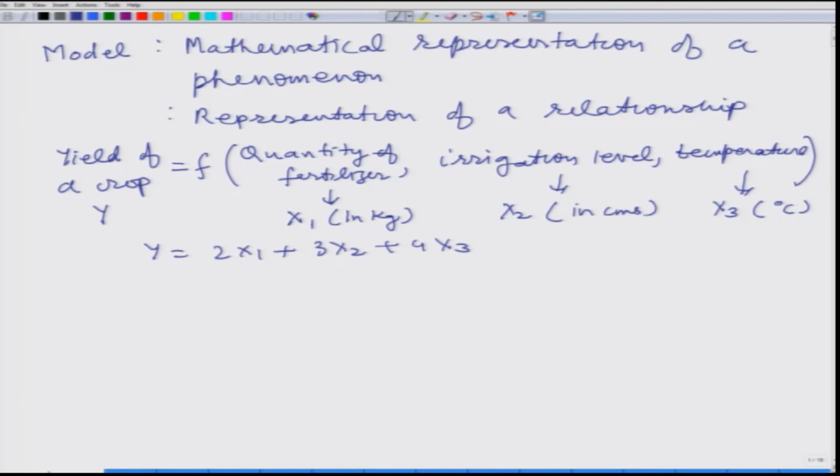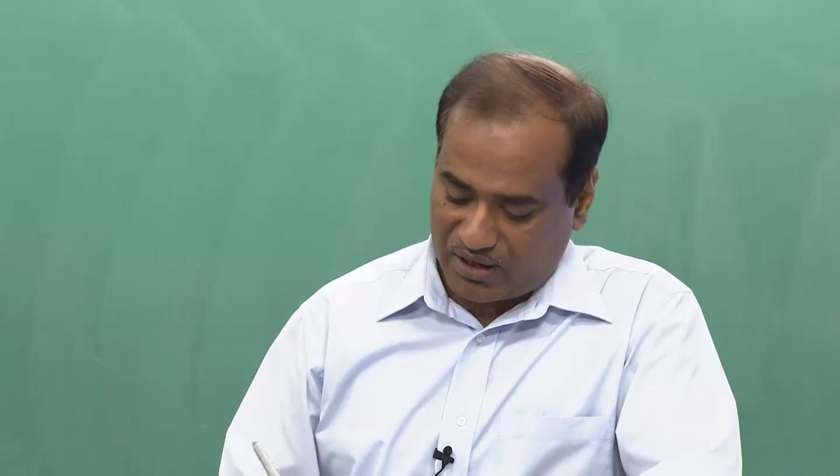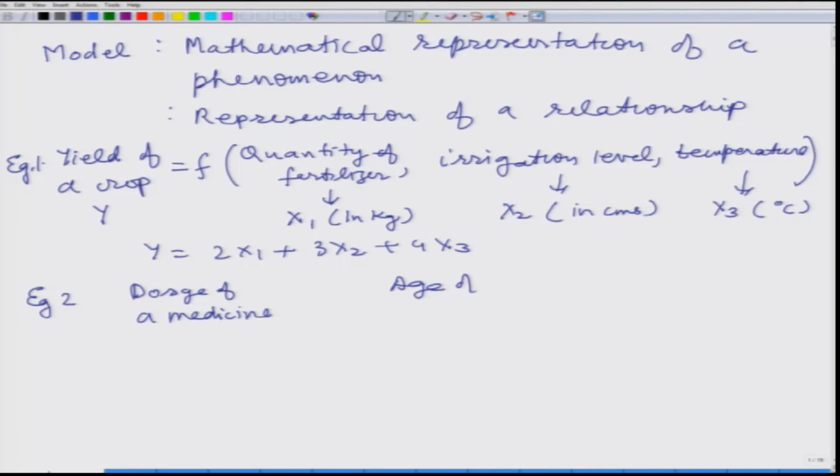Similarly, let me take another example: the dose of a medicine. Dose of a medicine means whether a patient has to be given half a tablet, a quarter tablet, a full tablet, or 2 tablets. That depends on several factors, and one of the important factors is the age of the patient.